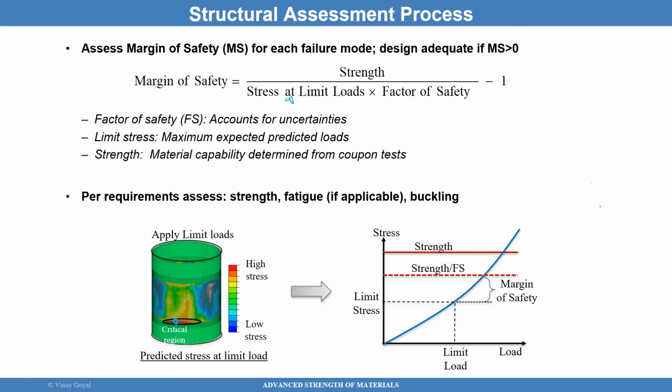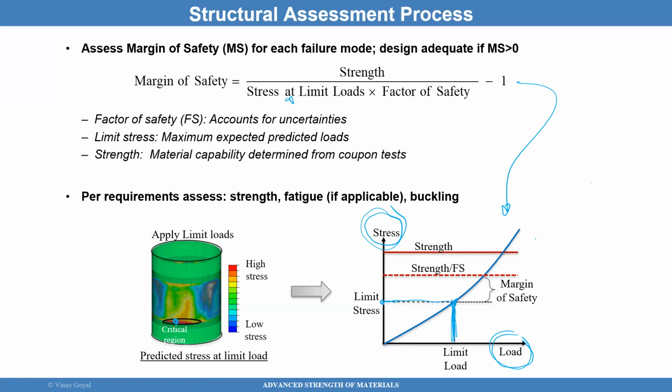Here's an illustration of the same formula, but in a graphical format. I'm showing the stress applied and the load. When you apply the load, it produces a stress. And as I apply the maximum load it's going to see in service here, that's the stress caused by that load. So say it's going to see 1 million pounds in flight.